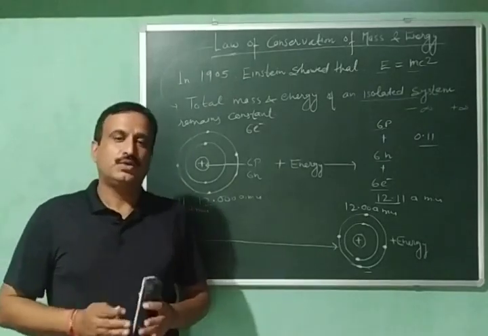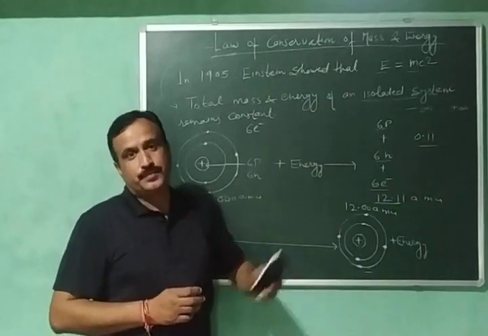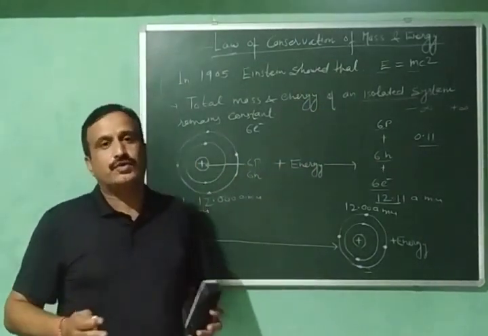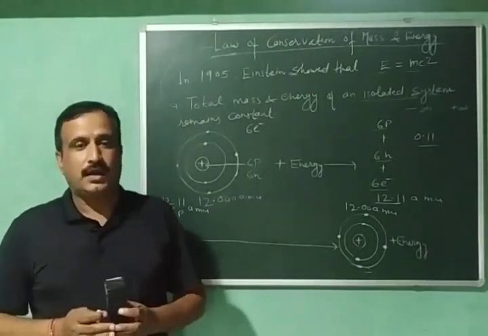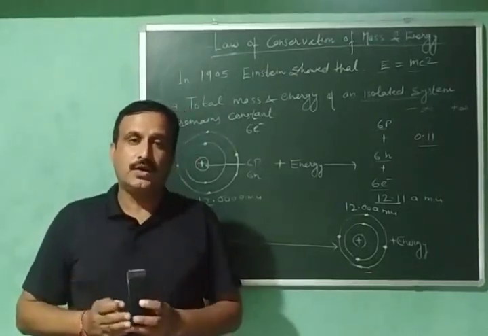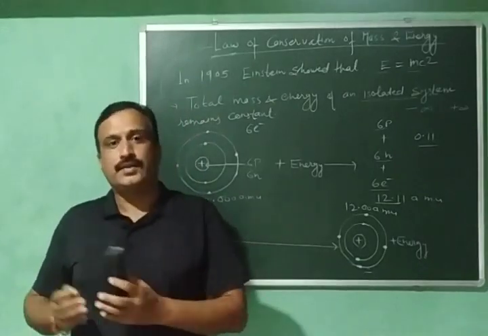And in today's video I am going to explain the law of conservation of mass and energy. In my previous video I discussed the law of conservation of energy, which is also called the first law of thermodynamics, and it states that energy can neither be created nor destroyed, although it can be converted from one form to another.